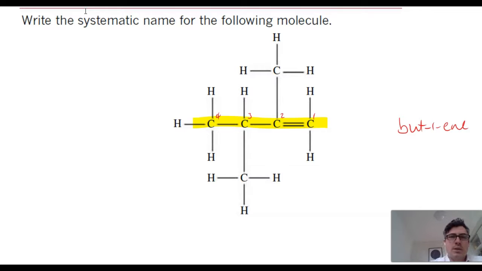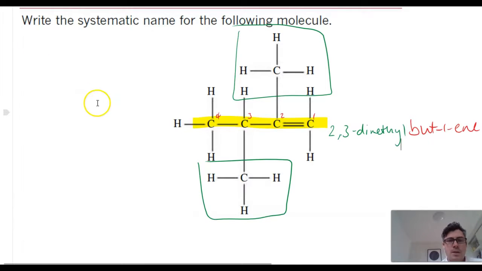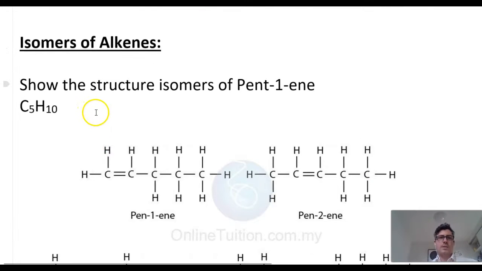Then we go and circle the substituent groups, and we've got 2 methyl groups here. So it's a dimethyl. They're on different carbon atoms, so it's a 2,3-dimethylbut-1-ene.